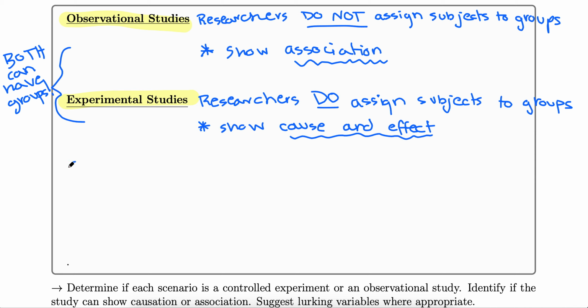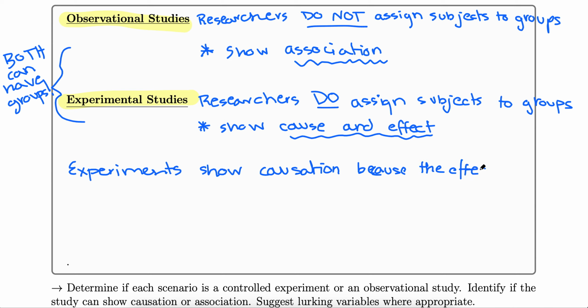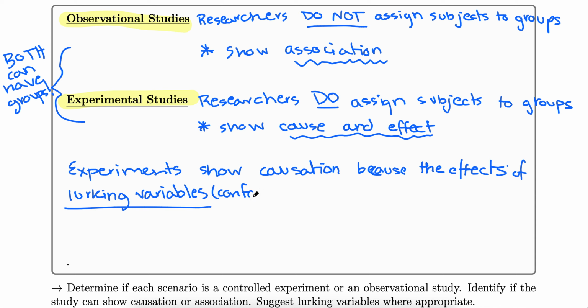We'll say experimental studies, or I'll just say experiments, show causation because the effects of lurking variables, I'm going to underline that because that's a vocab word you need to know, or again, sometimes you might see these called confounding variables, even though they're not exactly the same thing.